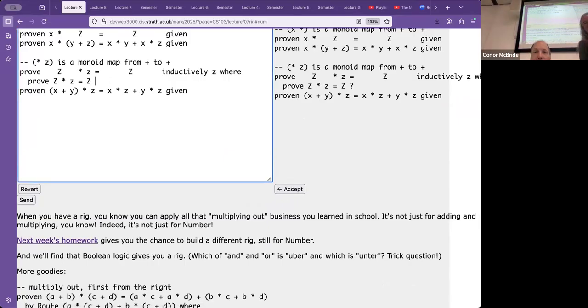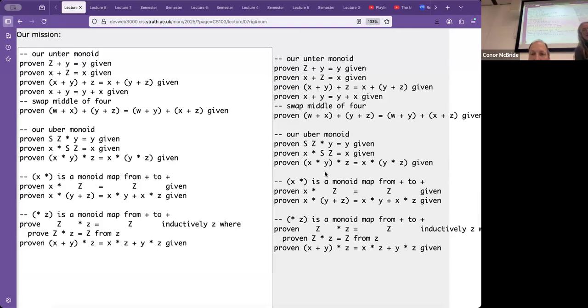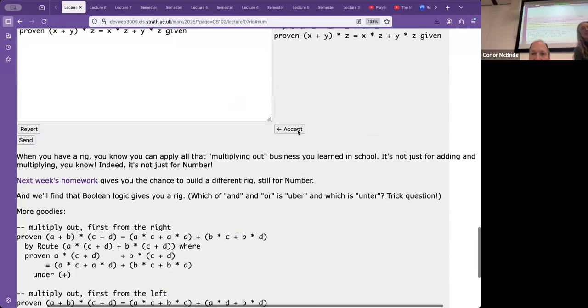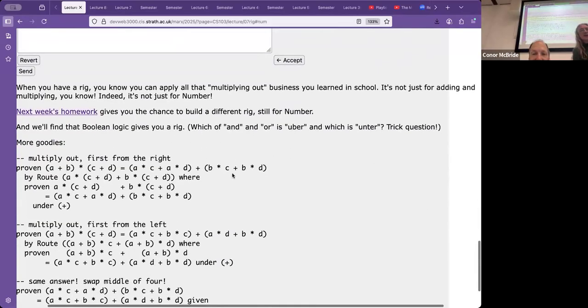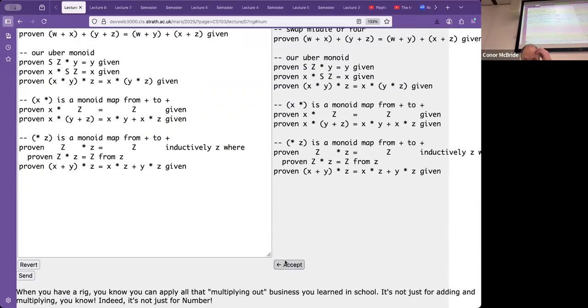Okay. So once you do inductively Z, you need to do a from. The from always gives you the cases, in case you don't remember this. And then it's done. This is magic. It's yet another example of the phenomenon that Ask gives you: you finish one step earlier than you think you're going to.